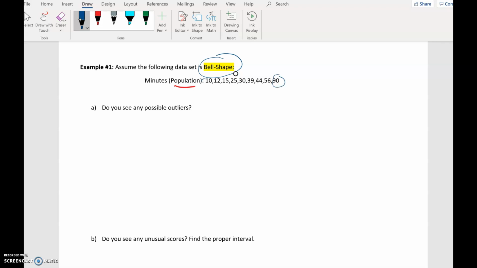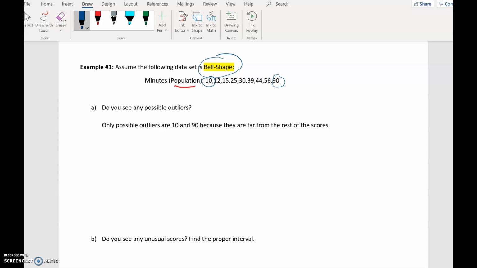For this one, since it just mentions possible outliers, the data set appears to be in order. So the only possible outliers may be the 10 and the 90, because they are far from the rest of the scores.